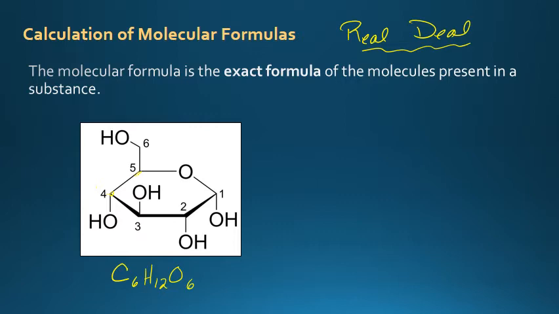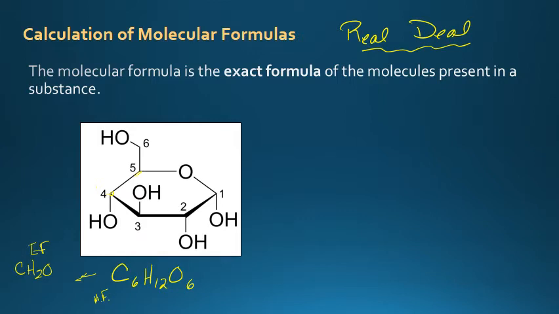But that is the molecular formula. What we did on the last video is we found the empirical formula, and the empirical formula for this is the reduced form of this. So we would have CH2O. This would be the empirical formula. This one over here is the molecular formula.